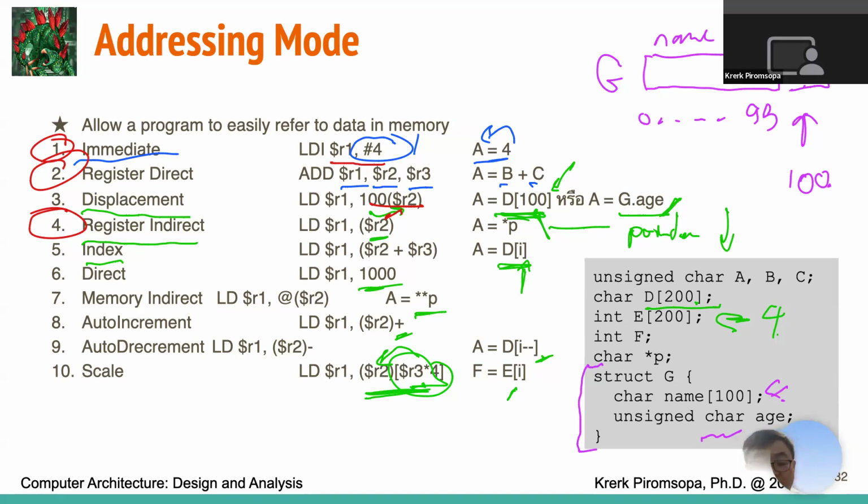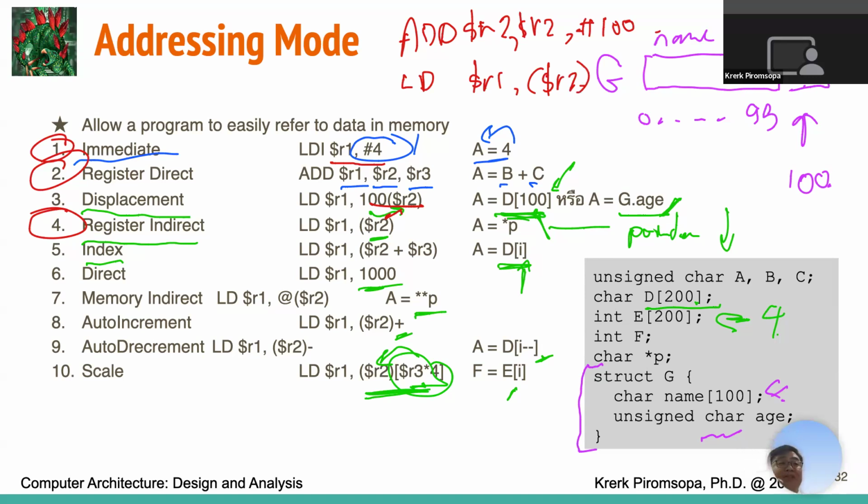What do I have to do? I have to first add R2 with 100. Then I can load R1 with R2. Right? That would give me displacement, but with 2 instructions.